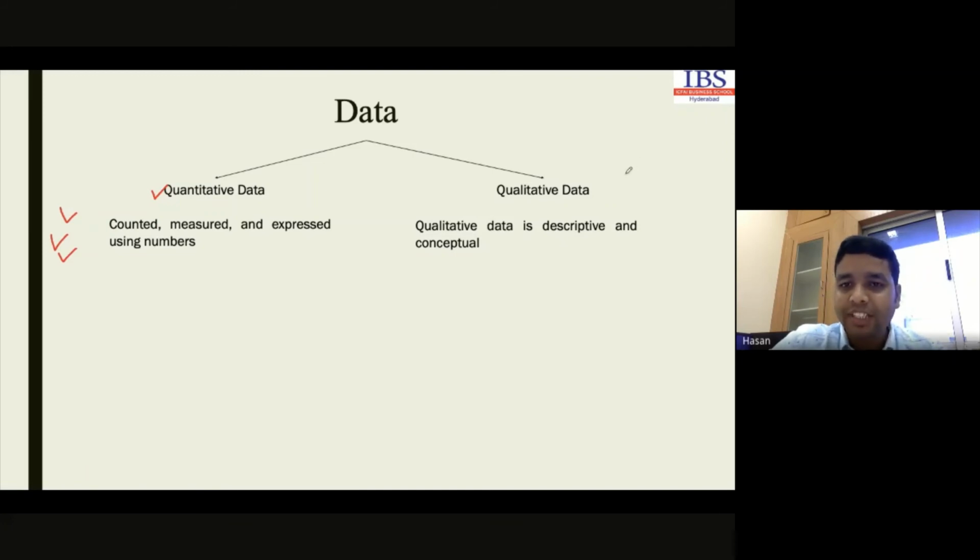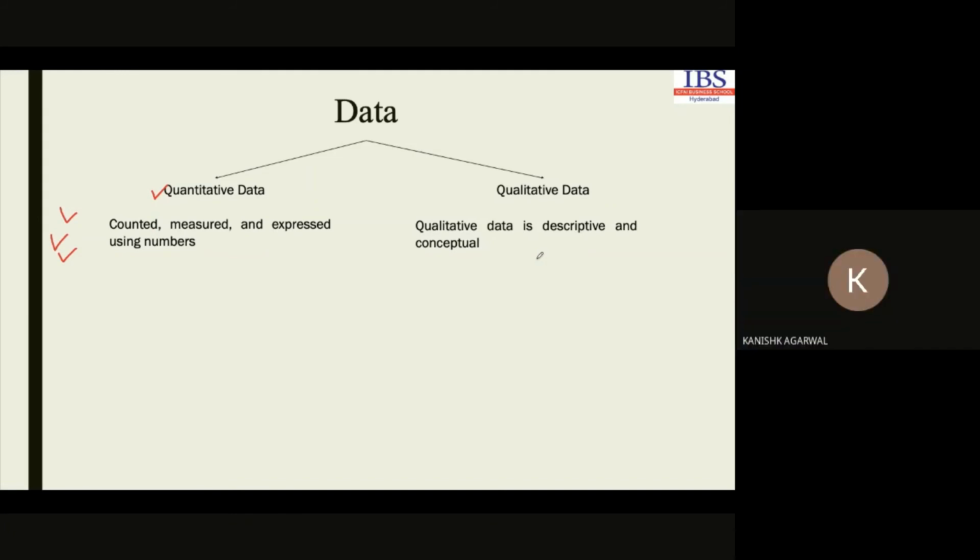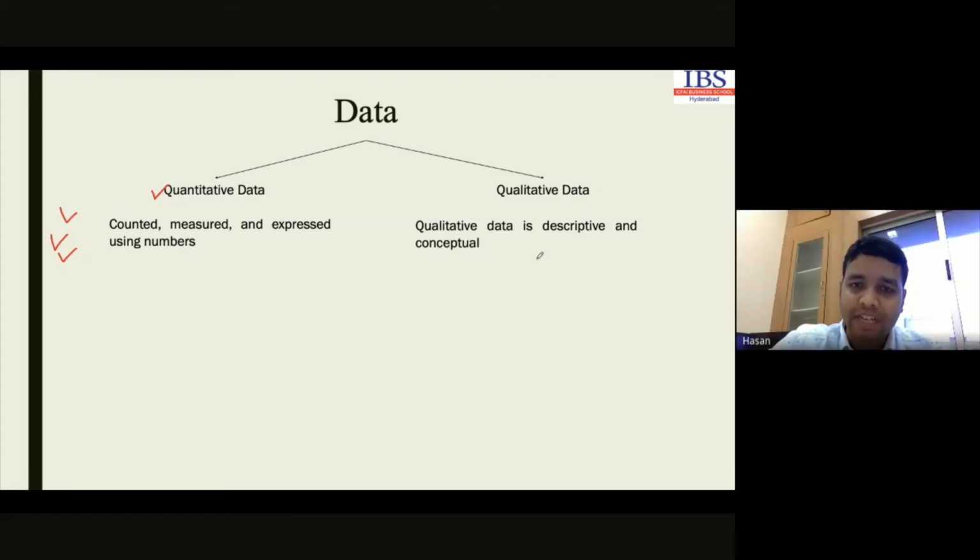But qualitative data is descriptive in nature or conceptual in nature, characteristics. We are not able to measure these characteristics. Is this a division of raw data? Yes, this is a division of raw data or process data, whatever it may be.